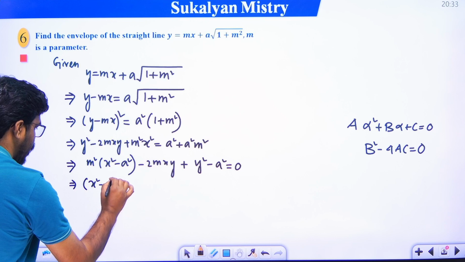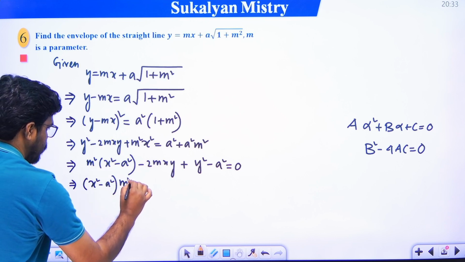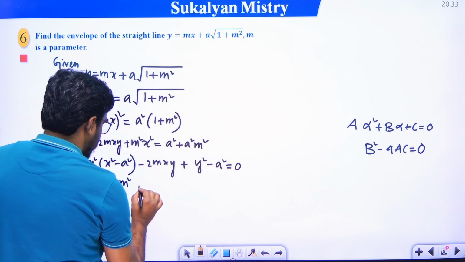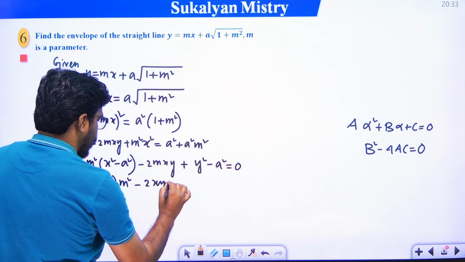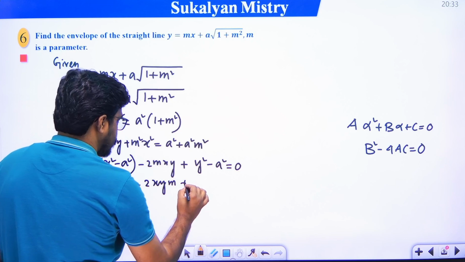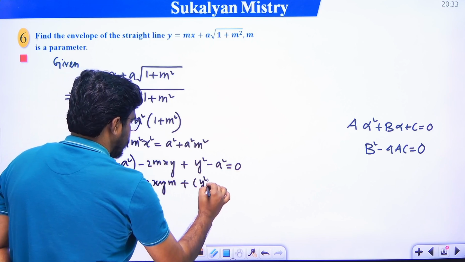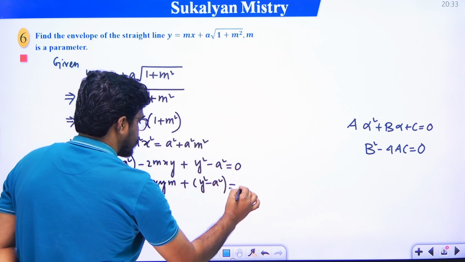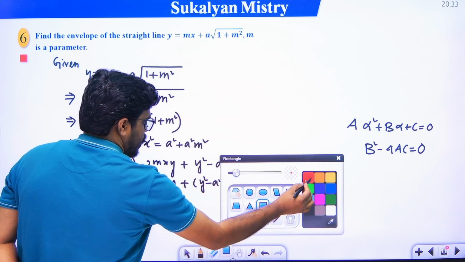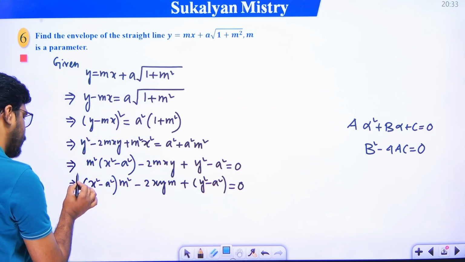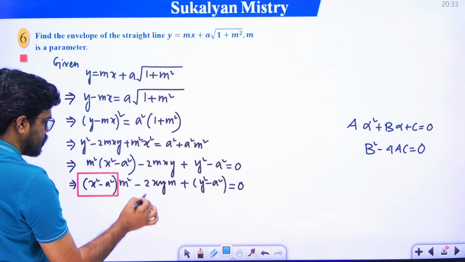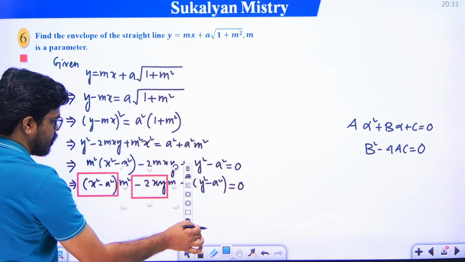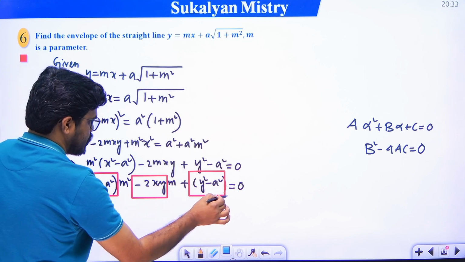That is, this is of the form a alpha square, that is m square, minus b alpha, that is 2xy into m, plus c is basically y square minus a square, right? So basically this is a alpha square, m is a parameter, plus b alpha, plus c, right?